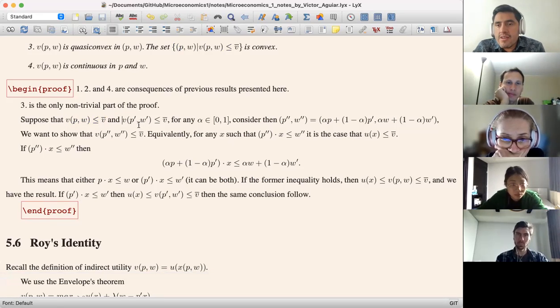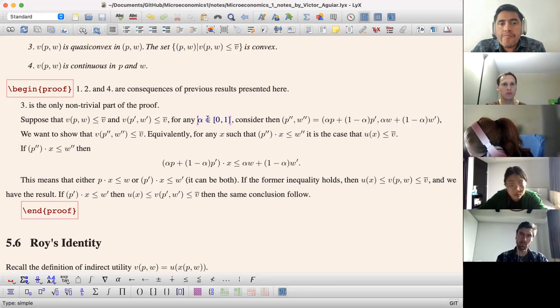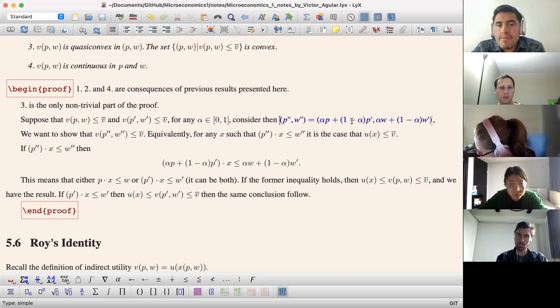Now take another element of that set, P prime and W prime, that is also less than or equal to V bar, which is 1. I'm fixing 1, but it can be any other number. Now I take a convex combination of the two prices and incomes: alpha P plus 1 minus alpha P prime, and alpha W plus 1 minus alpha W prime. You understand what I'm doing?